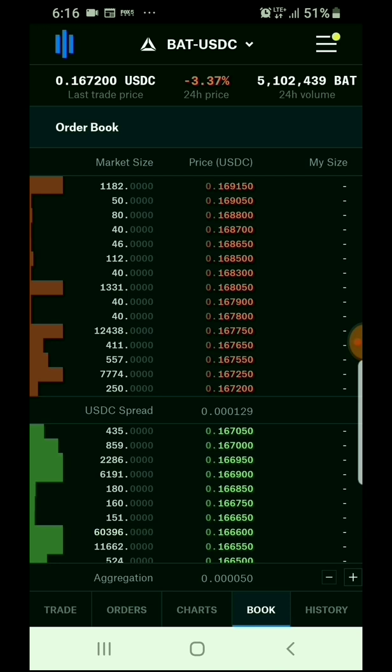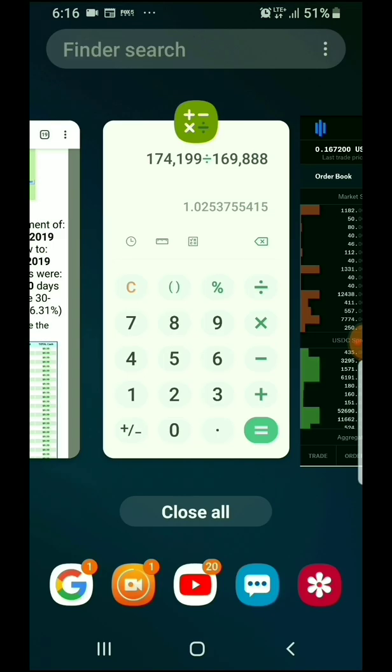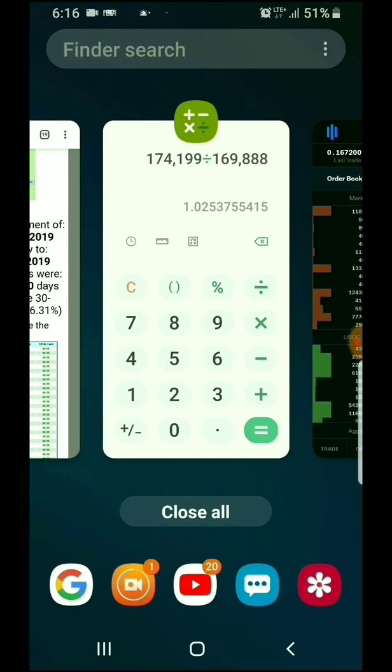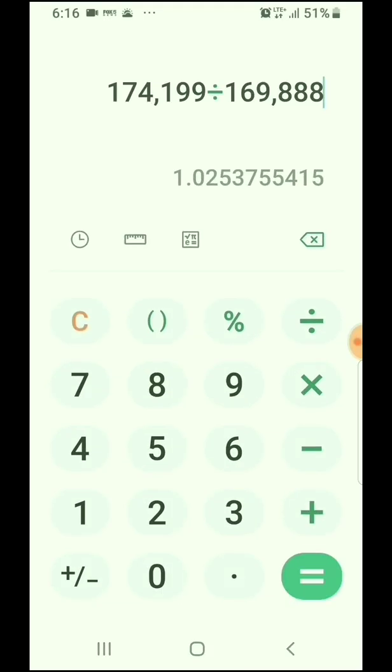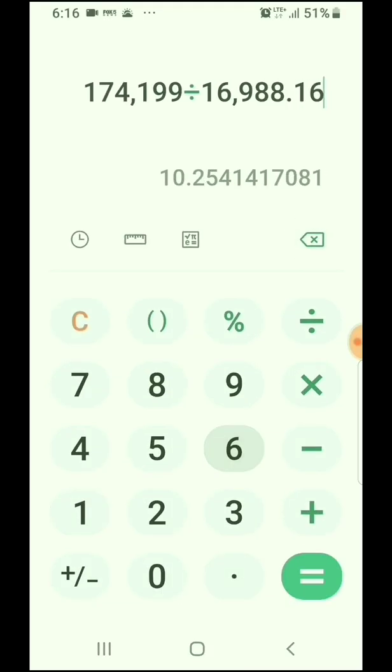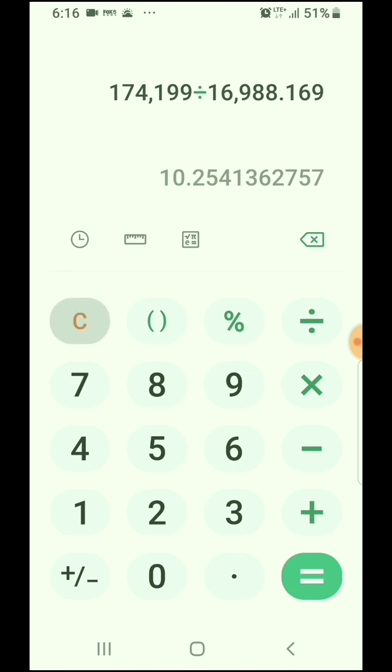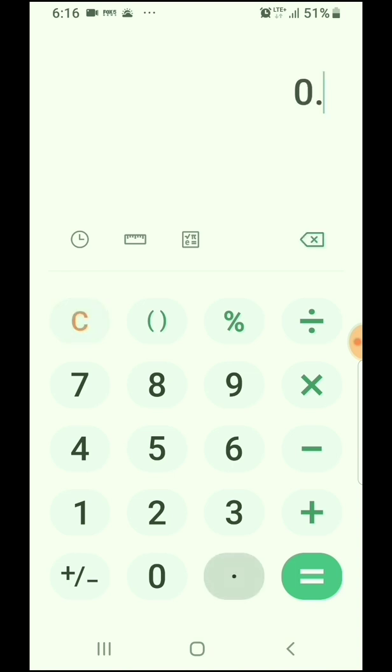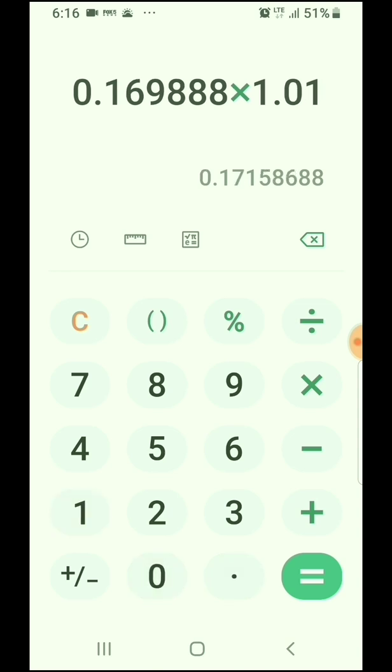I didn't write it down. Okay. Let me go back here. Gotta close that out. 0.169888 times 1.01, 1%. Okay, yeah, that's right.